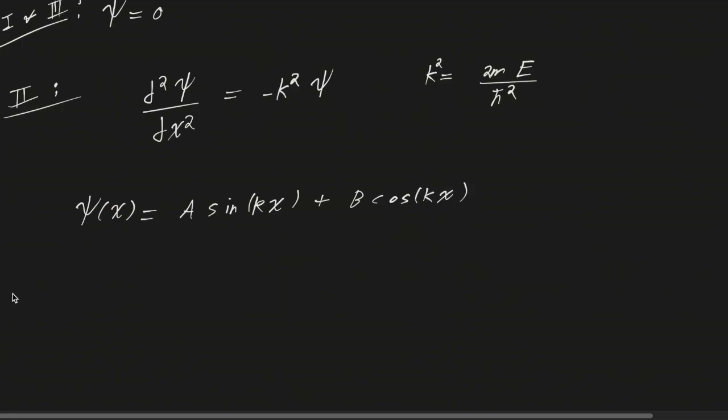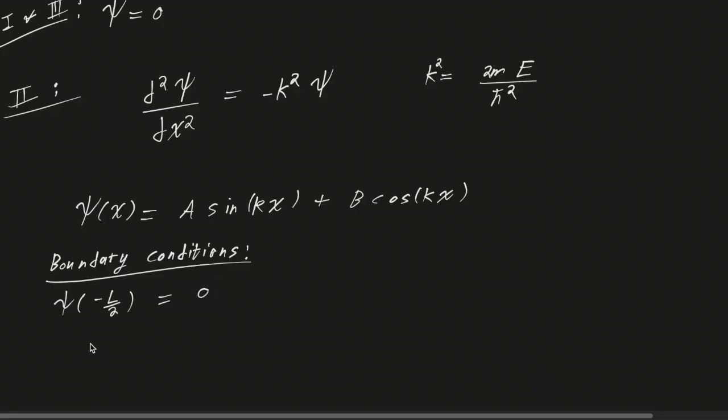But now the boundary conditions are slightly different. So you have the psi must vanish for minus L over 2, it should be 0, and psi must also vanish at L over 2.